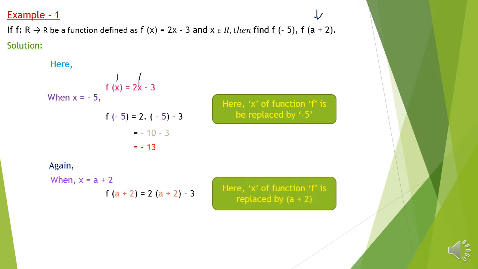On calculation, it is equal to 2a + 4 - 3, and that means 2a + 1 is the answer. And these two are the answers.